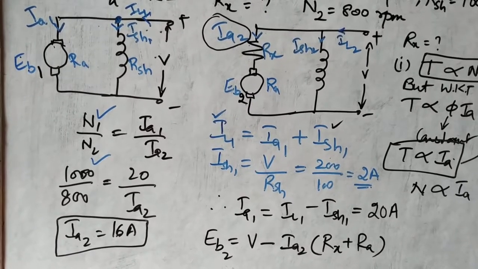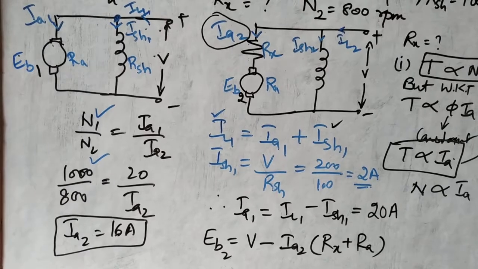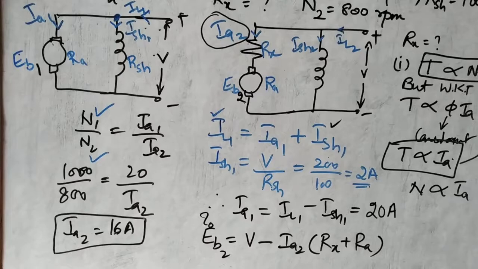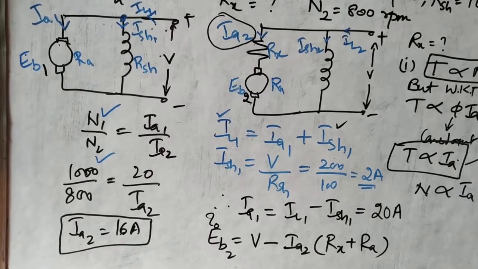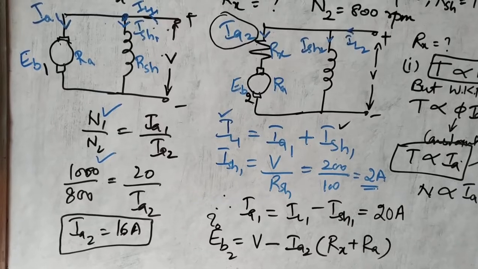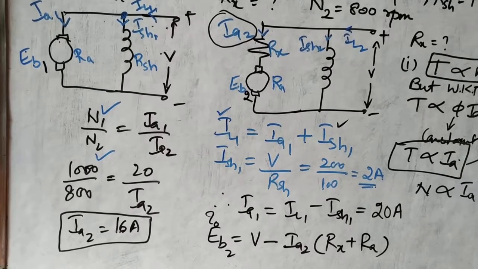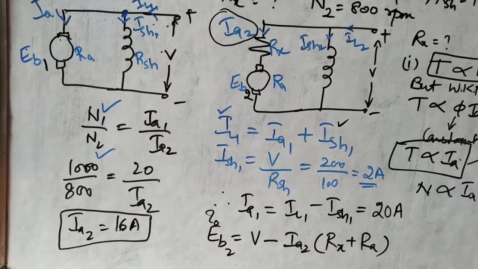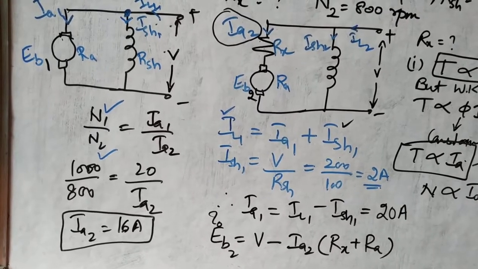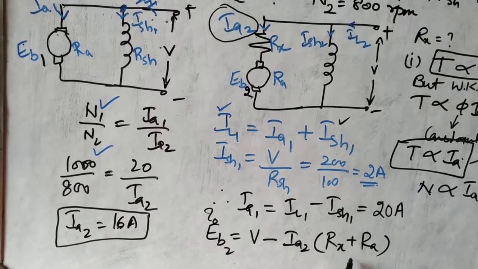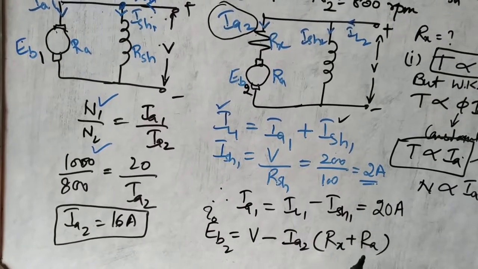But here again we don't know what EB2 is. How to find out that EB2? You have to find out the EB2 value, right? So here the voltage equation is V minus Ia2 into Rx plus Ra.